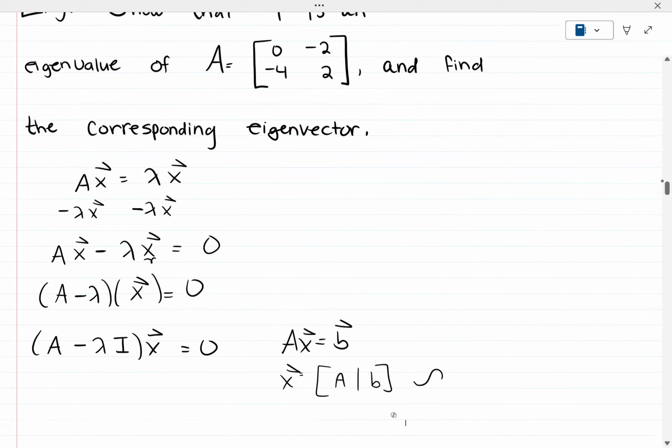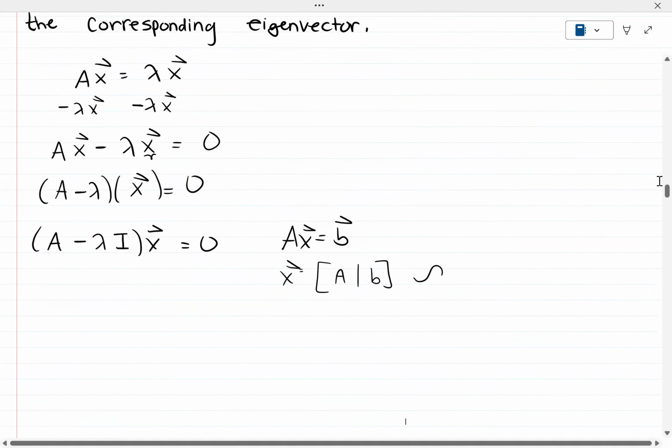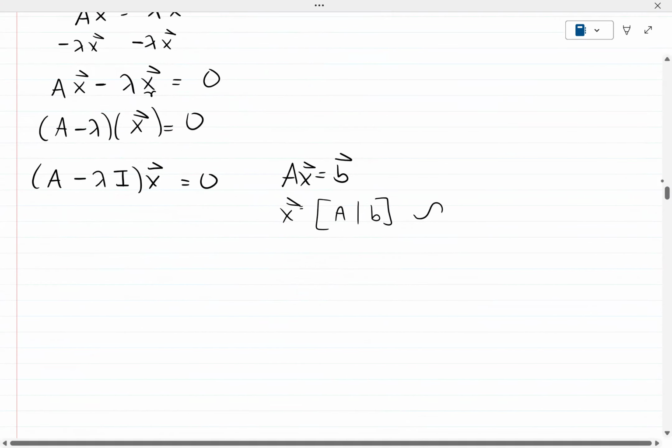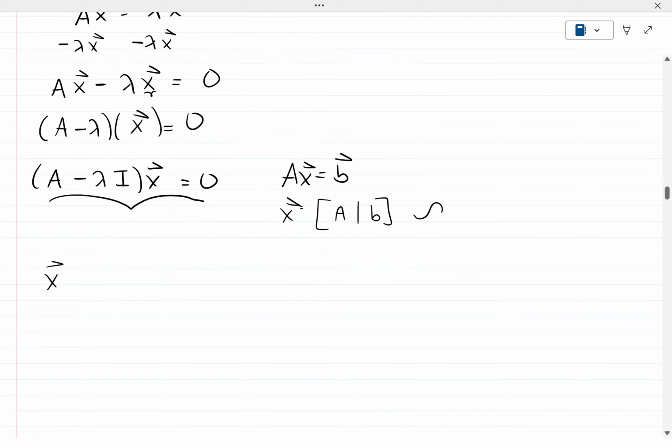So for this one right here, in order to get vector x by itself, it's going to be A minus lambda times the identity matrix, augmented with vector 0. And then make sure you row reduce. Okay, so that's what we're going to have to do.